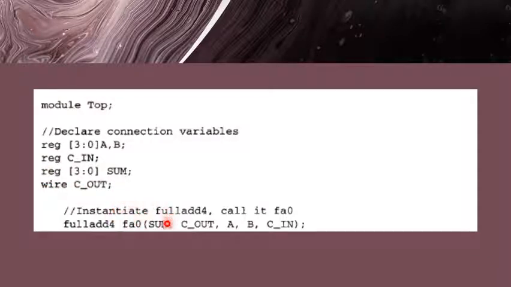Now for applying the stimulus, the first step is you have to instantiate the design block in the stimulus block. So this line is for instantiation, that is full add 4 is the name of the module. The instance label is FA0, and inside the brackets the port list sum, Cout, A, B and Cin.